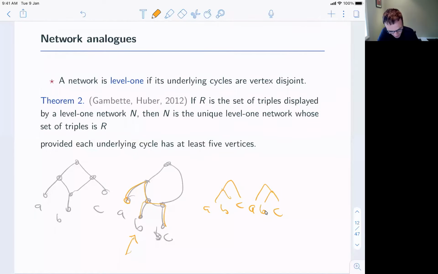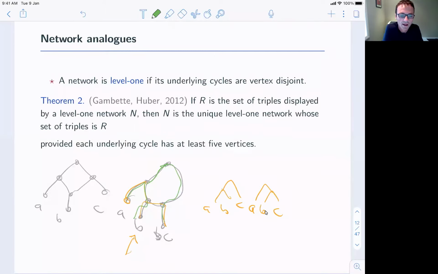And if you want to see the other one in the second network, I go BC and then A, and there are the two trees. The one on the left is a bit more explanatory. So they're both level 1 networks, but they both have underlying cycles of size 4.